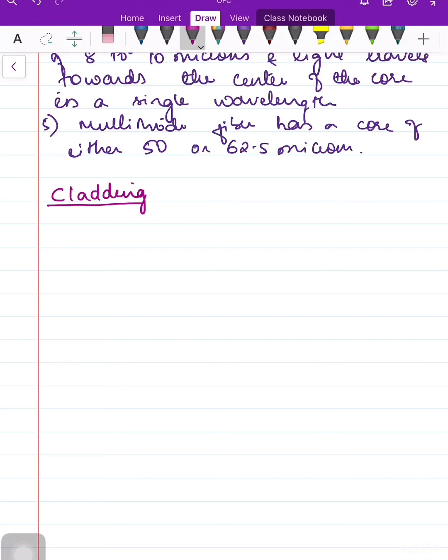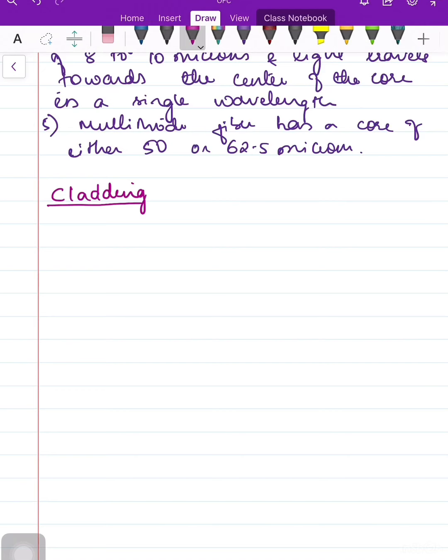In the core, I have told you the dopants which are used to manufacture the core, which is made up of glass, are germania, phosphorus pentoxide or alumina. So the amount of dopants added to the core and the cladding are different, because they have to maintain a difference in refractive index.